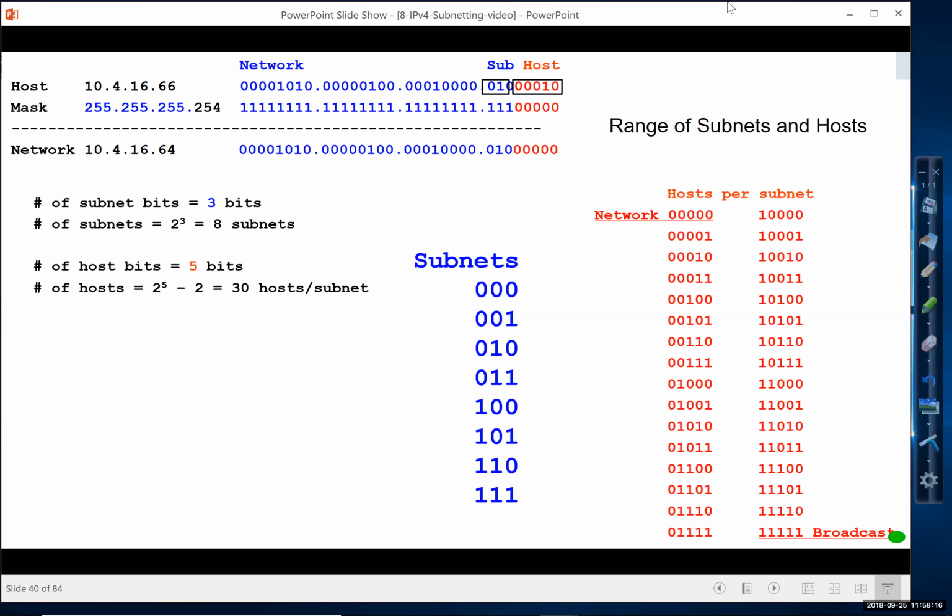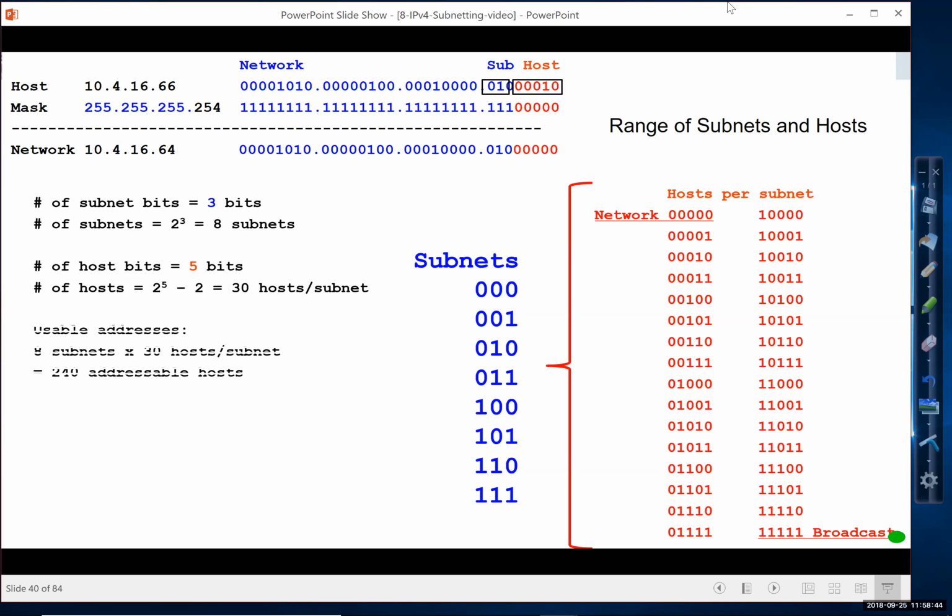Well, 32 total addresses, but 30 usable hosts, because we can't assign the network and broadcast addresses to devices. So each one of these 8 subnets from 000 to 111 would have that range of 5 bits for its host addresses. Kind of a nice way to visualize it, don't you think?